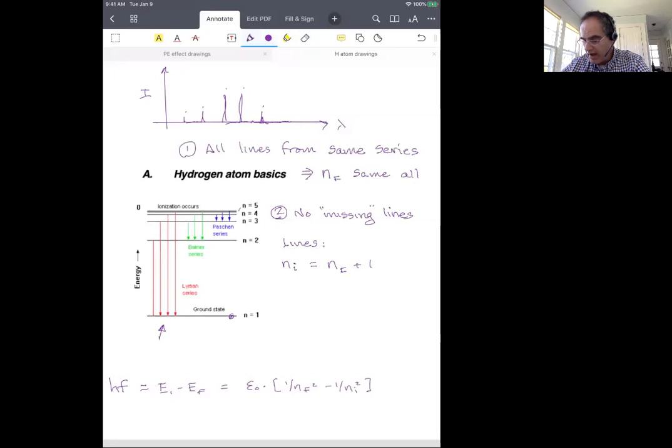If NF were 1, let's say, then one line would be N from NF plus 1, or N equals 2, down to N equals 1. And the next line would be NF plus 2, and the next line would be NF plus 3, and so on. But we're not missing any lines in this series.